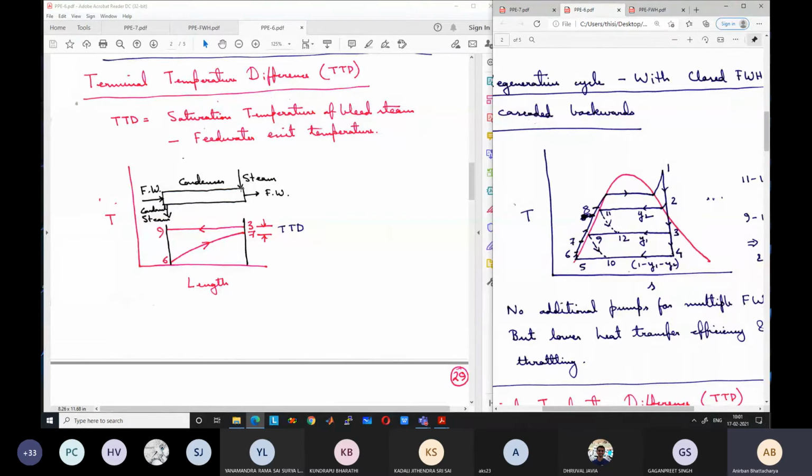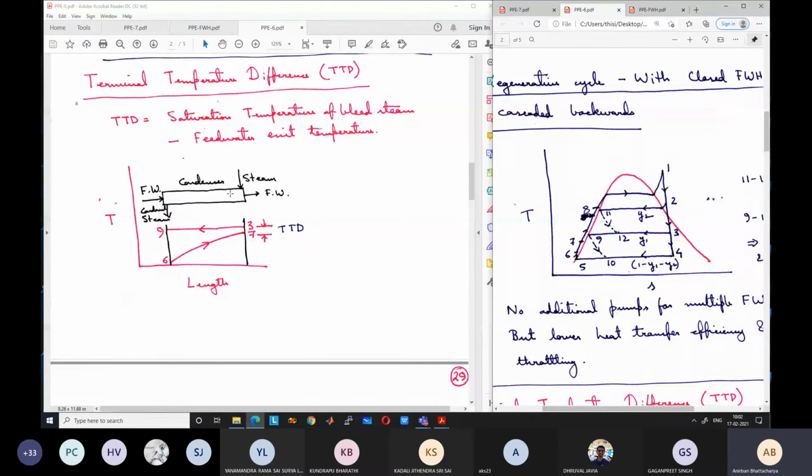And the feed water had entered at state 6 here and had exited at state 7. So this was the counter flow heat exchange process shown here. This condenser is actually the condenser of the feed water heater, not the actual condenser of the power plant.